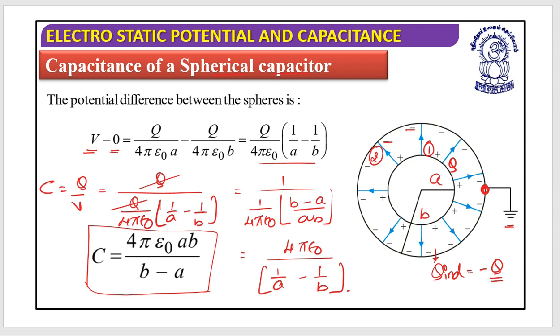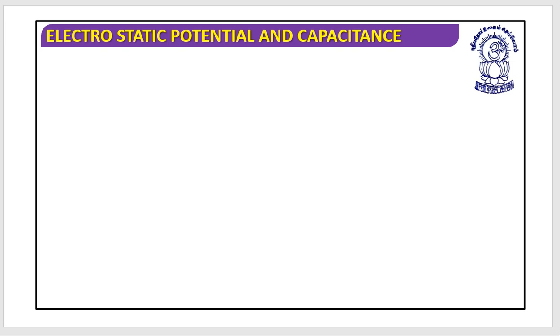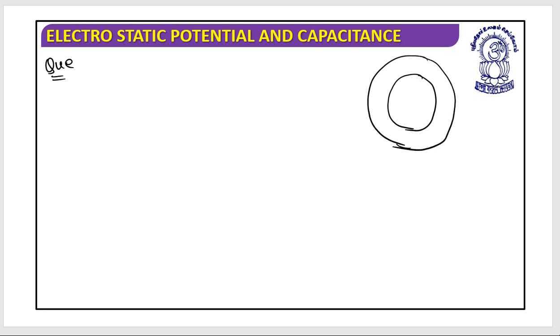Or you can simply solve this. Is it clear? So now can you find out the potential of any system? Can you? Okay. First let's have one question of the spherical capacitor, and then we will move on. The given data is, let's say this is one sphere, this is another sphere, this has been grounded.